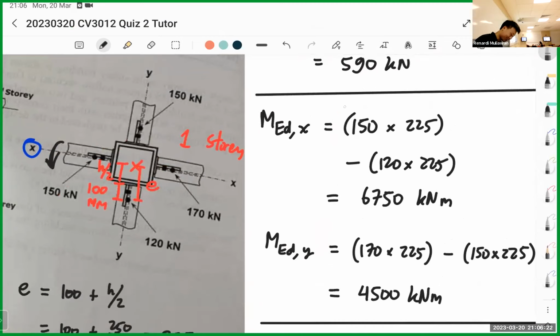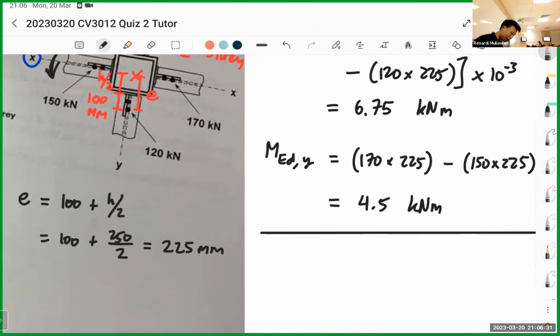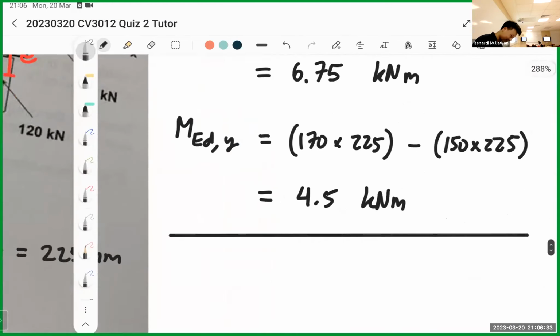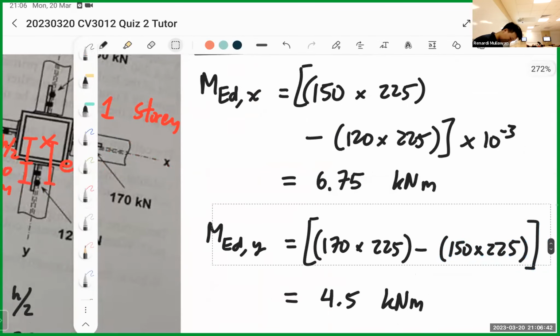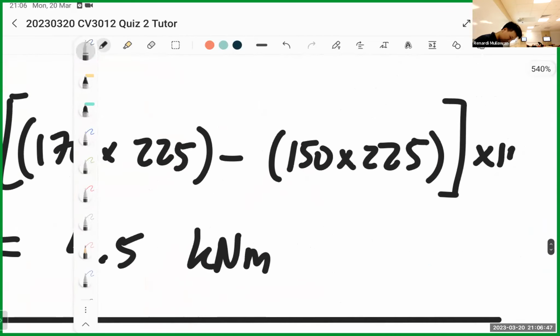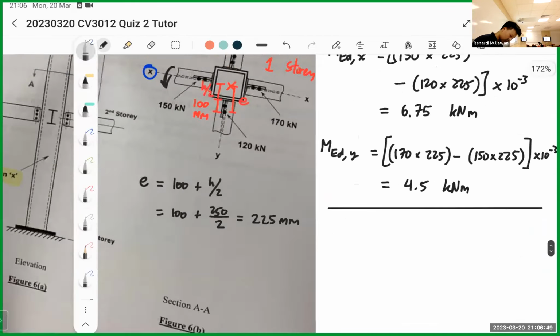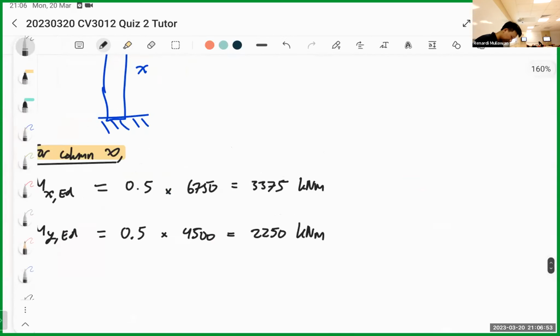So you need to multiply by 10 to the -3, so it's 6.75. This one is 4.5. Okay, makes more sense. Wow, units. Okay, done. So 6.75 and 4.5.